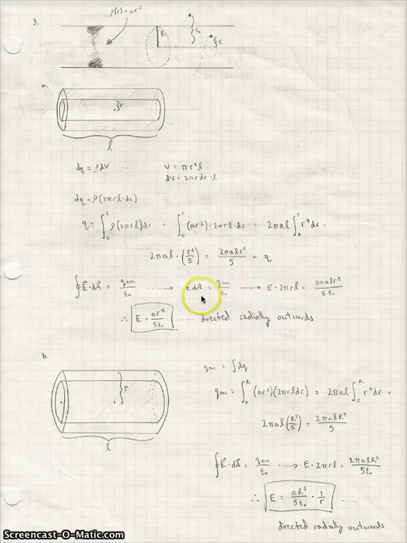Since we're trying to solve for E, I can plug in the area, which is 2 pi r times L, times E on this side, equals the q that I just calculated, 2 pi aL r to the fifth over 5 epsilon naught. Just divide by 2 pi rL to isolate E, and you get E equals a r to the fourth over 5 epsilon naught, for the magnitude of the electric field.